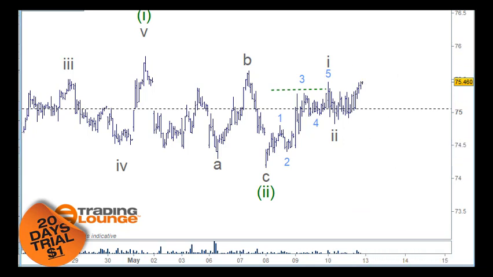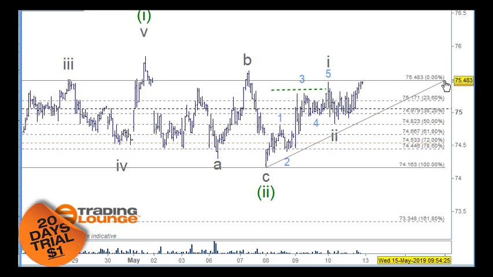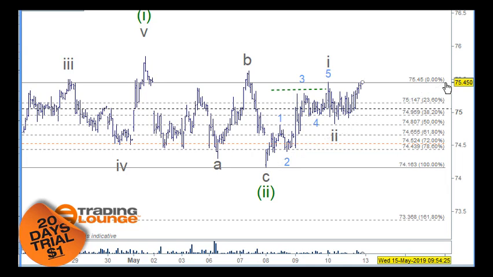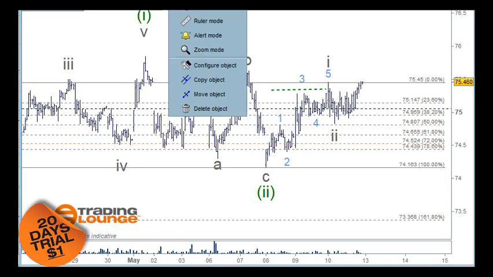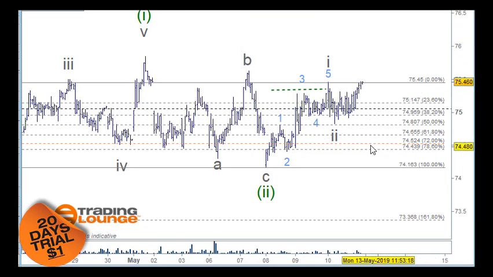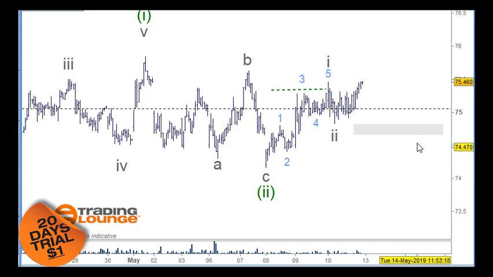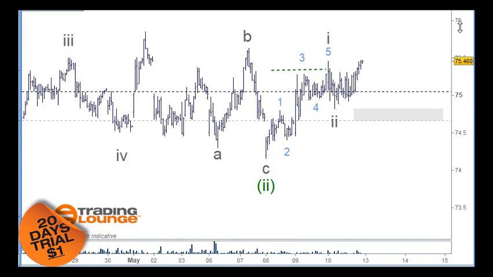So in terms of putting a stop here, let's just call this the high here. It's always nice to keep the stop under the 61.8%. So we look at that there, and then we also look at the numbers, just refining this a little bit to give you an idea. So we've got that area there.